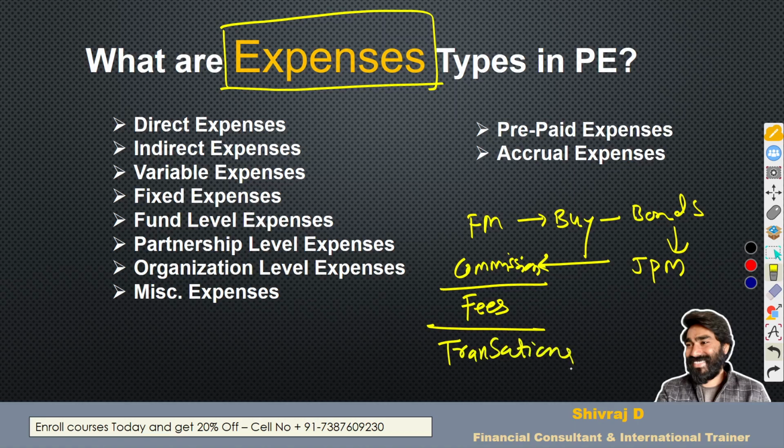All right. So any such expenses would be your direct expenses. Why? Because those are directly linked with the trading. If you see expenses directly interlinking with the trading part, that becomes your direct expenses.